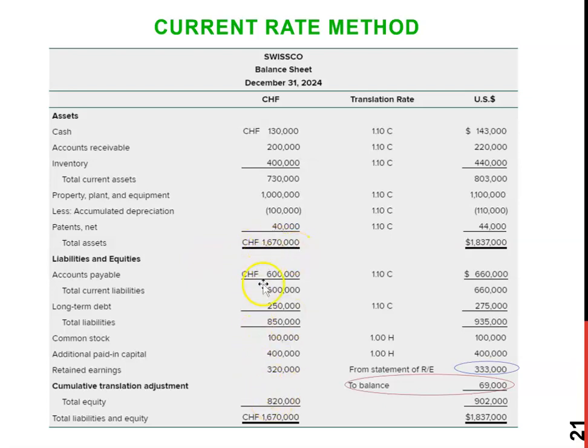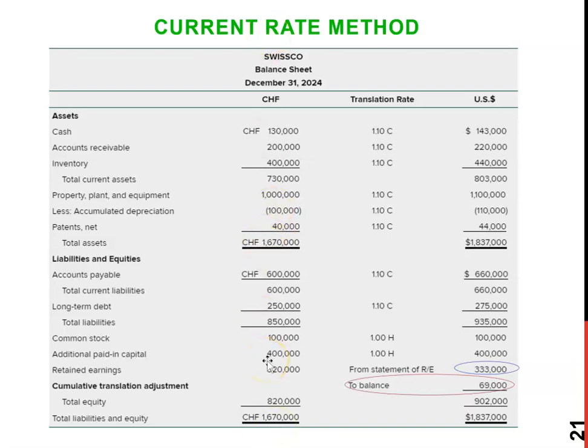On the liabilities and stockholders equity side, it's a matched balance sheet. Total liabilities and equity is 1,670,000. Why am I using the term balanced? Because total assets should always be equal to total liabilities and stockholders equity.